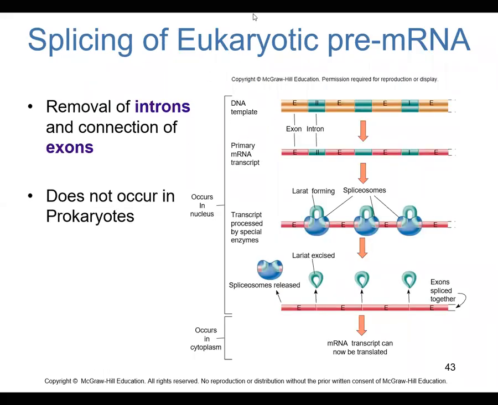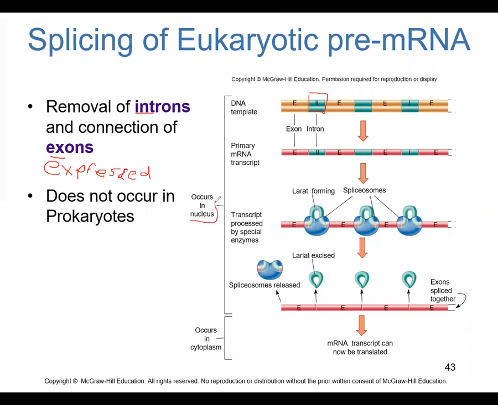So the removing of those introns we were talking about. So here they are. The introns are the green portions. And intron, think of it as the insert, they're inserted in. And exons, think of these as being the expressed. So these are the ones that are going to be made into the protein.